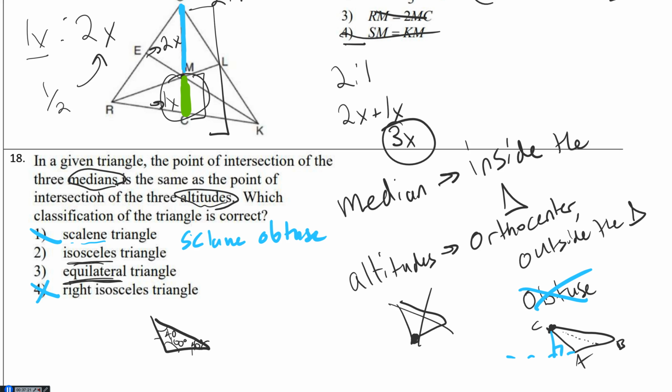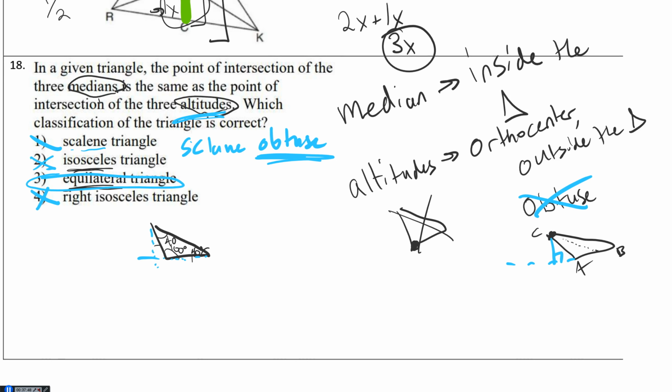It's isosceles, but it's also obtuse. So I know that when I draw the altitudes, they're going to intersect somewhere outside the triangle. So that doesn't help me there. So it can't be an isosceles, because it could be an isosceles obtuse triangle. So the only one that works is 3, an equilateral triangle.